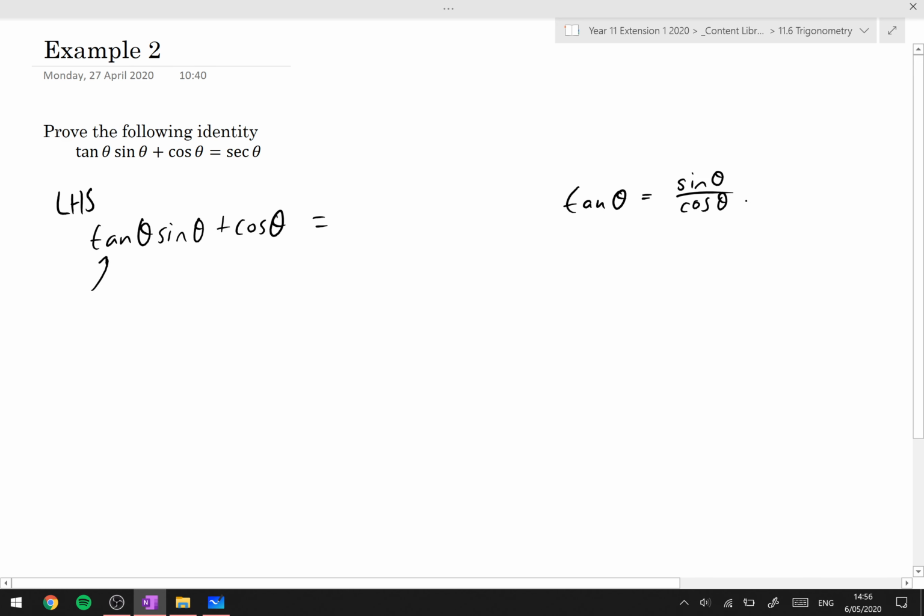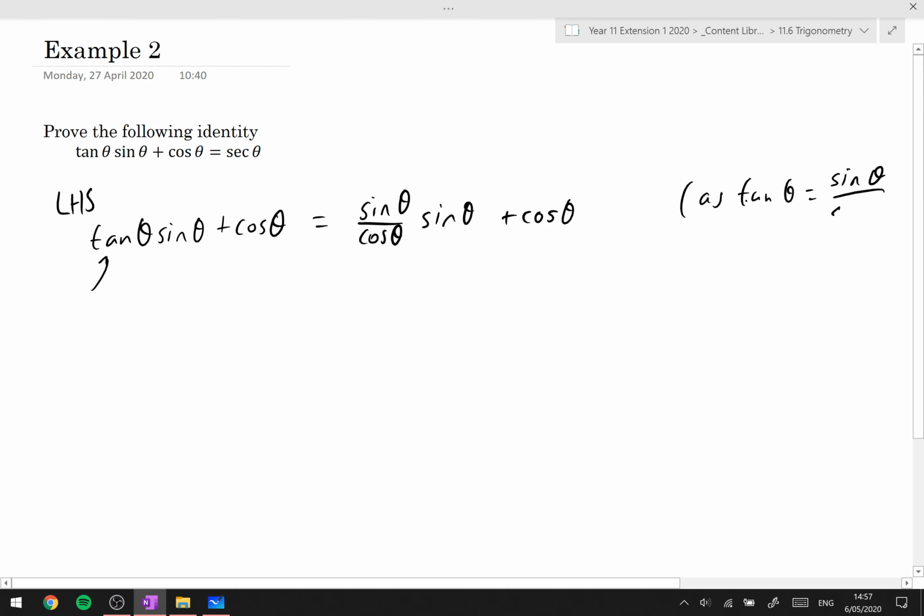So what I'm going to do is rewrite this: instead of tan theta, it's going to be sine theta over cos theta, times sine theta plus cos theta, and we're going to leave it as that. And then over on the side, tan is equal to sine theta on cos theta. Just explaining what I'm doing as I've done that step.